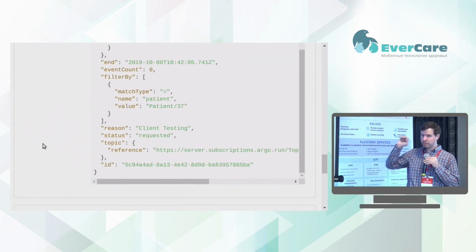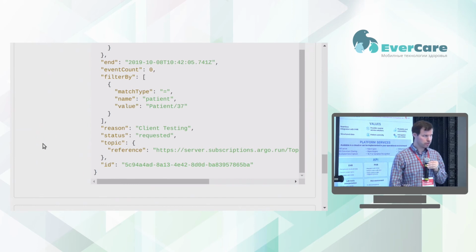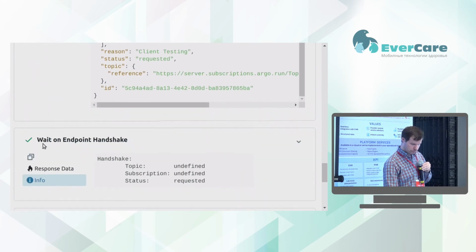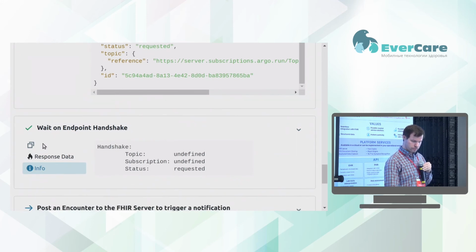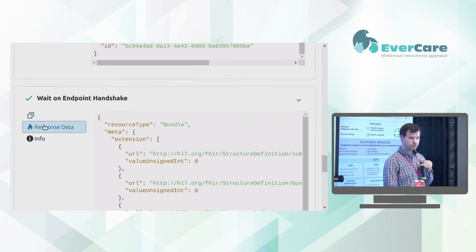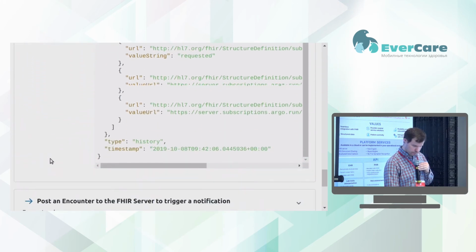As soon as this subscription is created, there's a sort of handshake protocol that happens where the server tries to send an empty notification to my REST endpoint, and only if it succeeds does the subscription get fully enabled. So I get a quick notification here that the handshake worked.